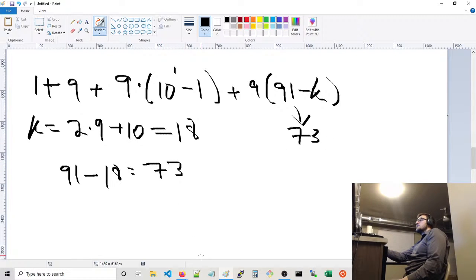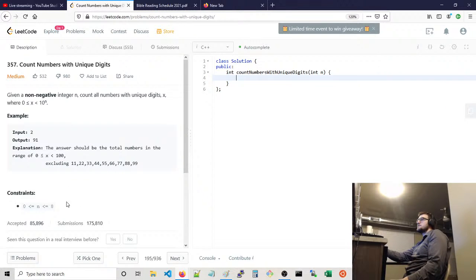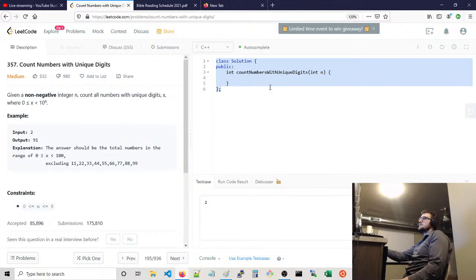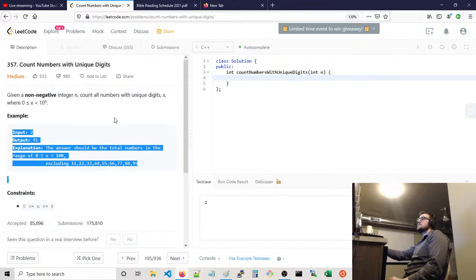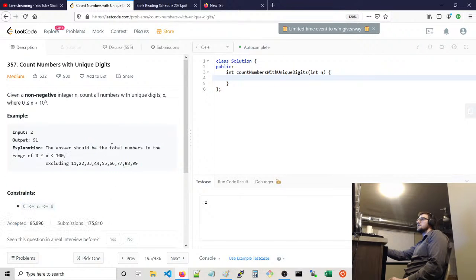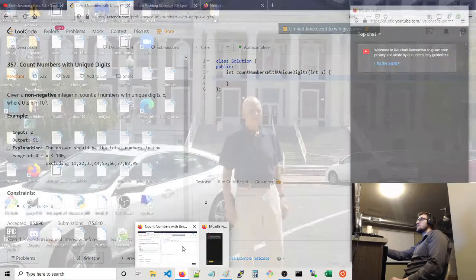Let's see. You can actually kind of hack this question too, because this is such a small set. You can actually run these test cases, find out what the expected results are, and then just run basically a switch statement here, and then you're done. You don't need to think at all about the question. However, we're not gonna.